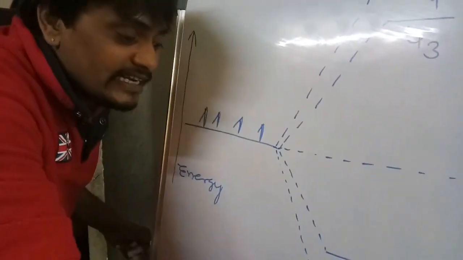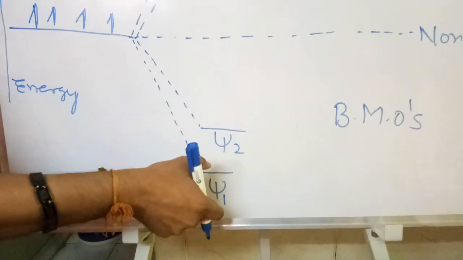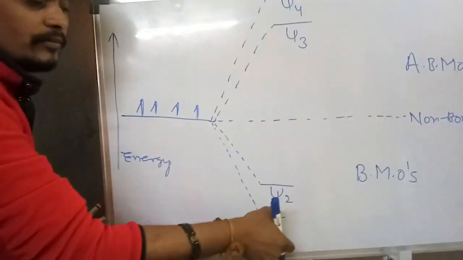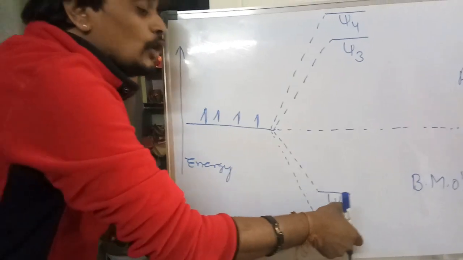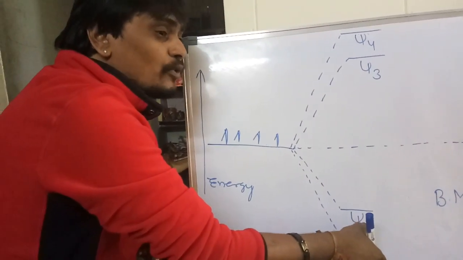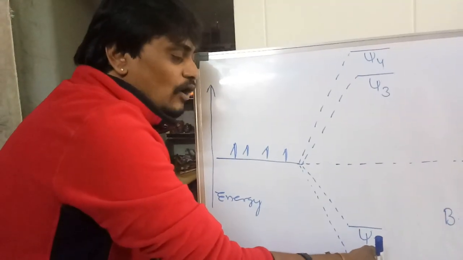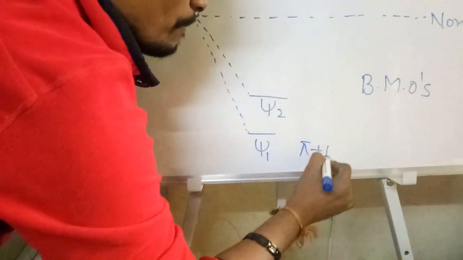Now psi 1 is at the bottom of this. Bottom means what? At the lower energy level. And as the node is directly proportional to energy, we can say that this molecular orbital is pi positive pi.